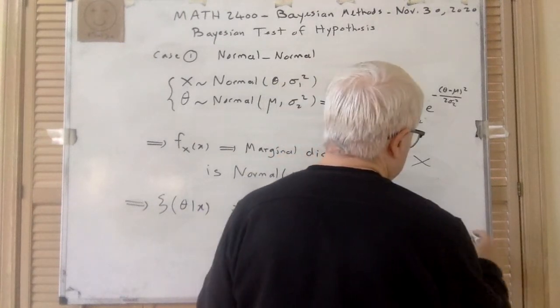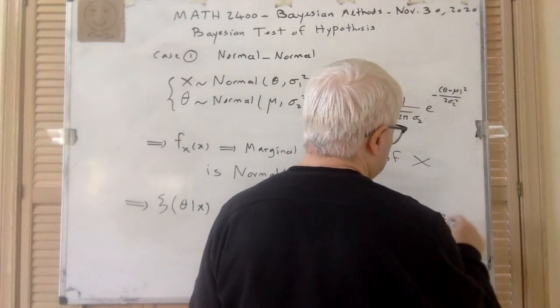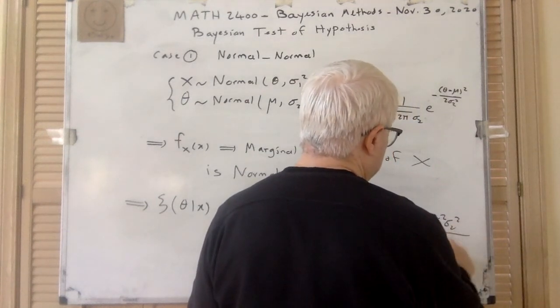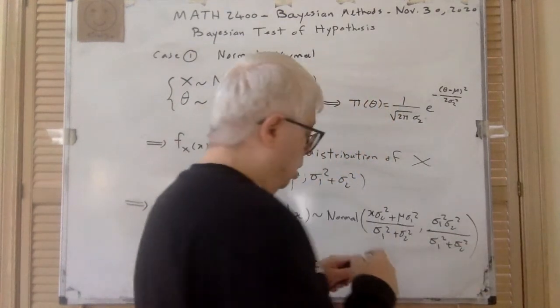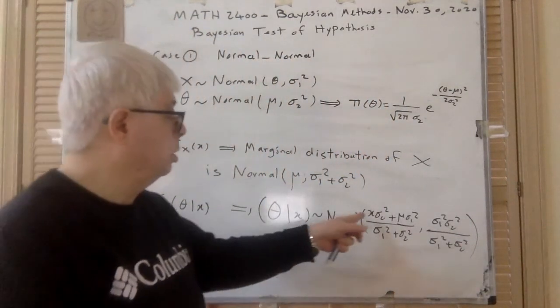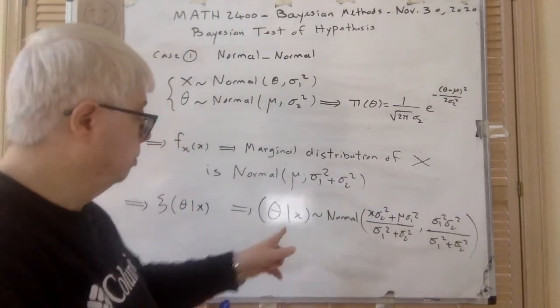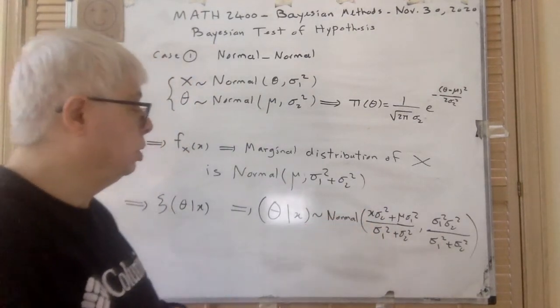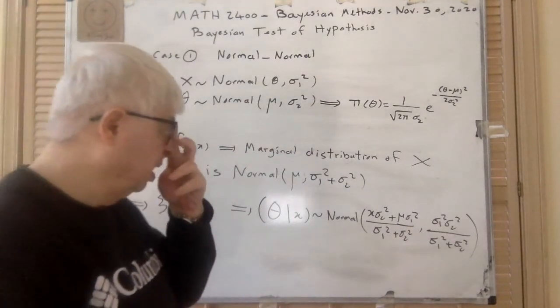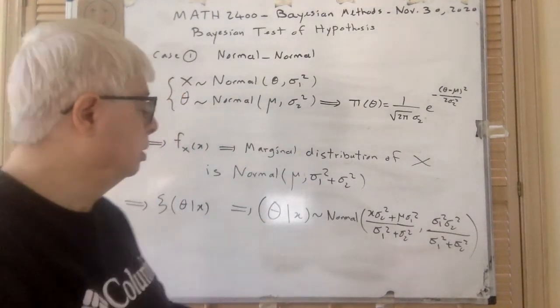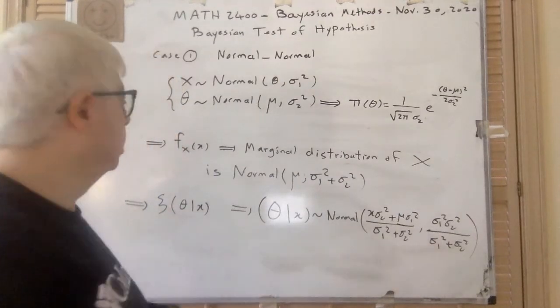And its variance will be sigma 1 squared sigma 2 squared over sigma 1 squared plus sigma 2 squared. You can see that it depends on the observed x. So when we observe x, that is the distribution of theta.